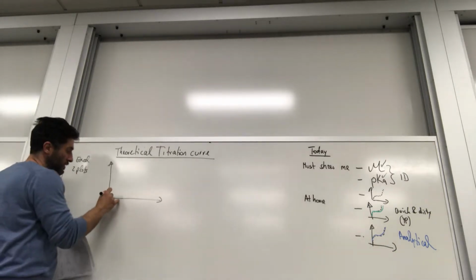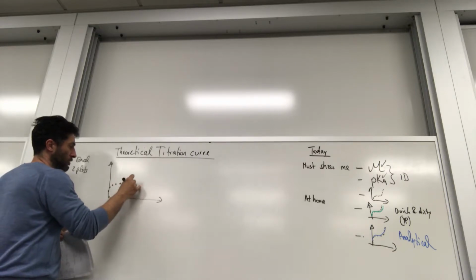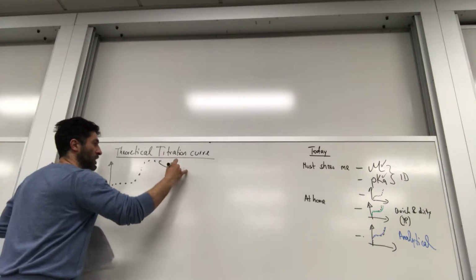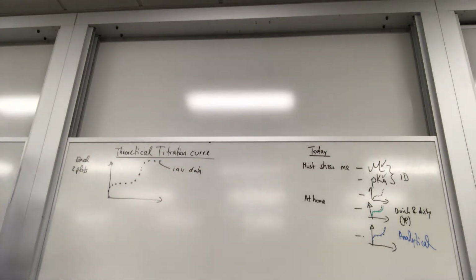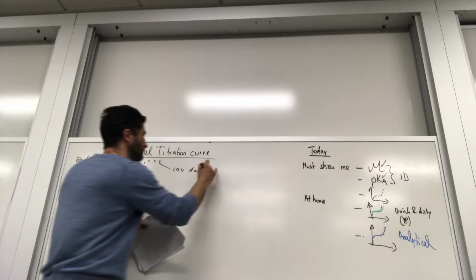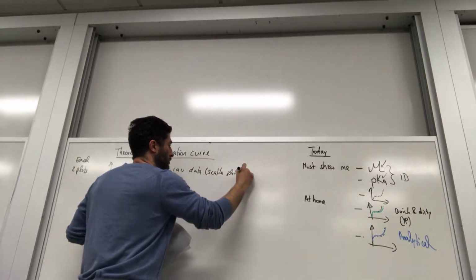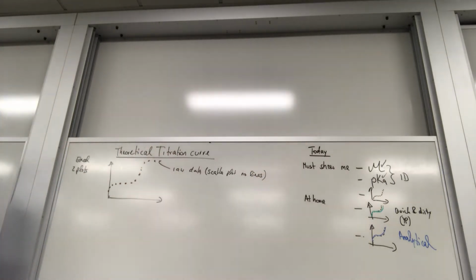One plot is the raw data, and you want to draw this as a scatter plot where you just draw the dots, no lines. And when I say raw data, I mean the raw data from the pH meter that you recorded in your lab notebook.